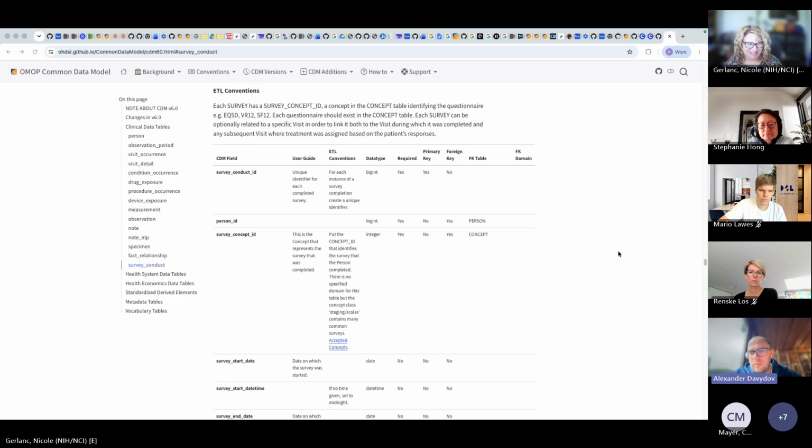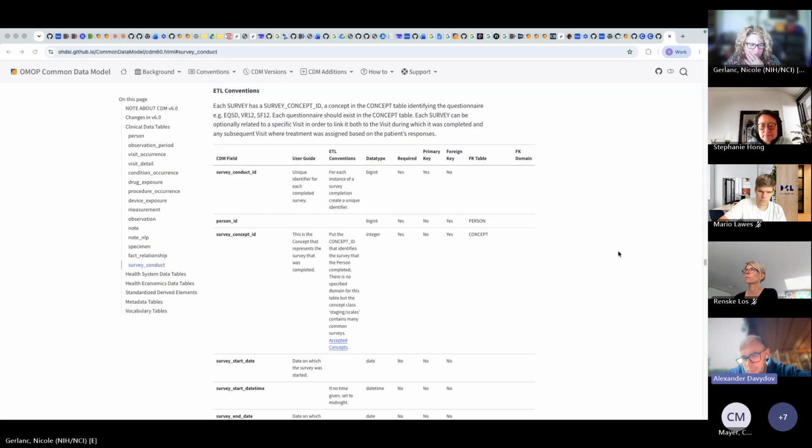Okay, just wanted to clarify. Thank you. Okay, let me add one more thing. When we say survey, we've been discussing a lot what the definition is. But survey here in this specific table is not just one instrument, right? It is actually the group of instruments, the overarching type of concept.